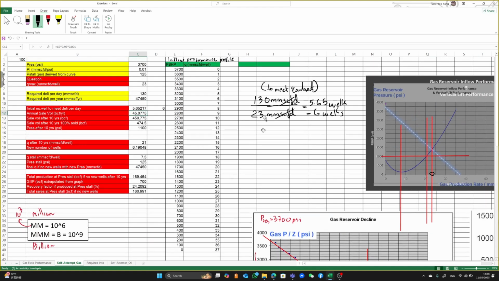So let's go to the calculation. We got the sale volume after 10 years as easy. We got the annual sale volume per year, which we just calculated by multiplying the required delivery per year by 10, and then you multiply with the 95% sale, and it will give you the sale volume after 10 years in billion standard cubic feet.